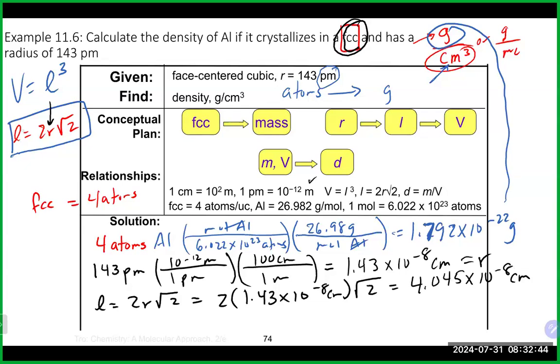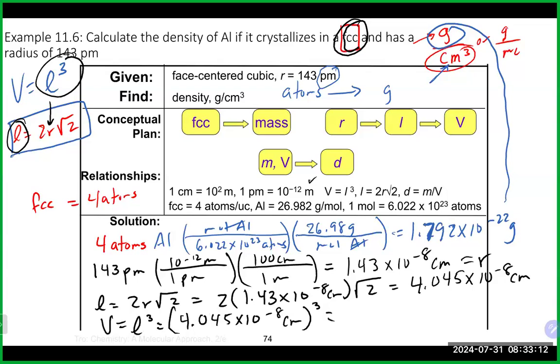Now that I actually do have the length, I could get the volume by cubing it, because that's going to give me centimeters times centimeters times centimeters, which is a cubic centimeter, which is the volume part of it. So my volume will equal the length cubed, and that would be 4.045 times 10 to the minus 8 centimeters, and again, cubed.